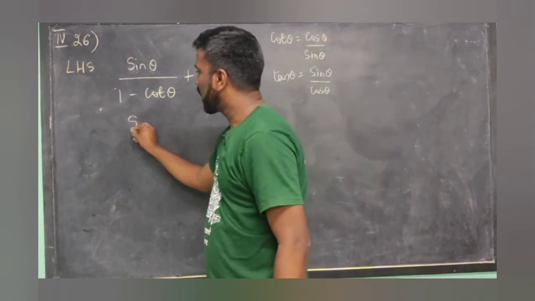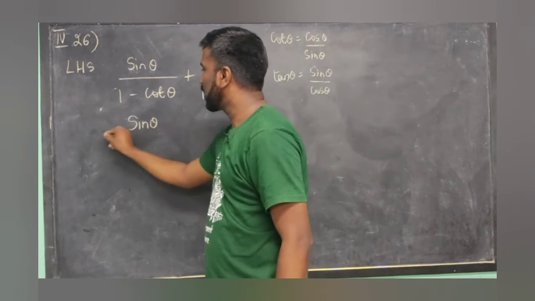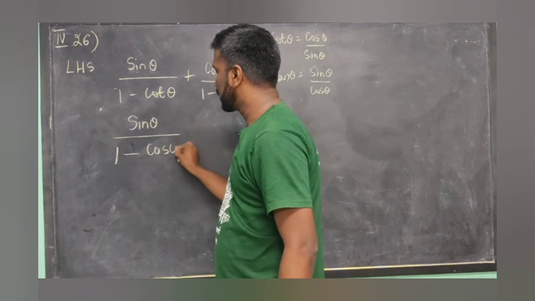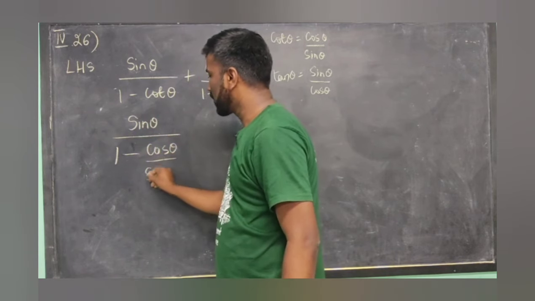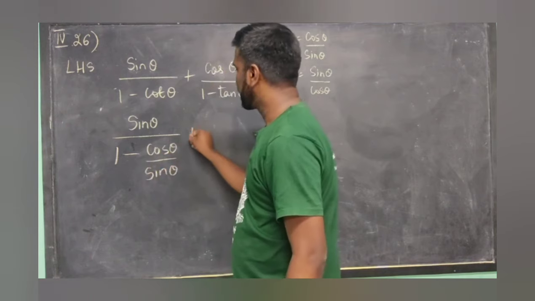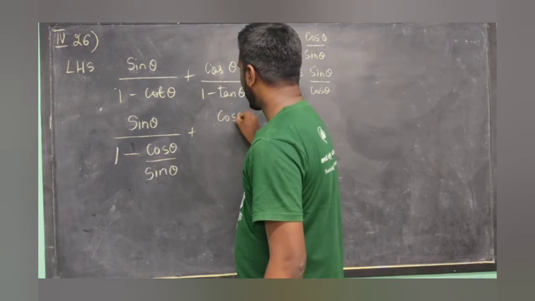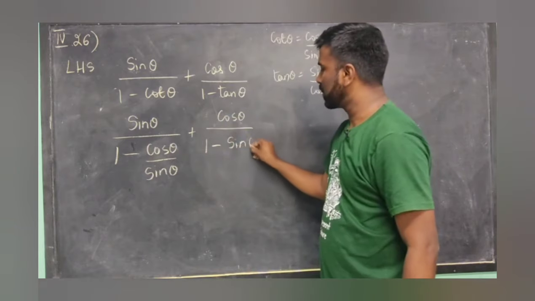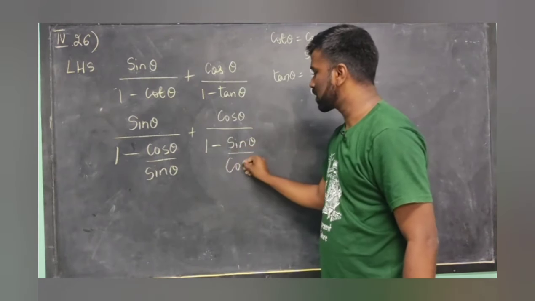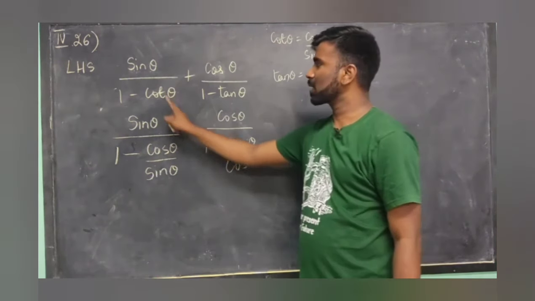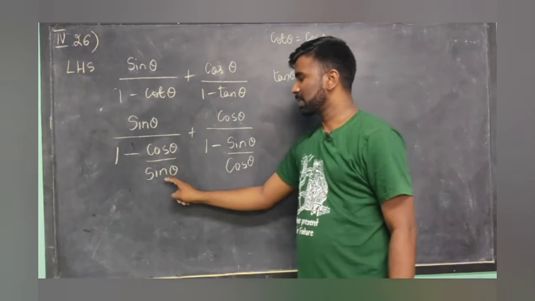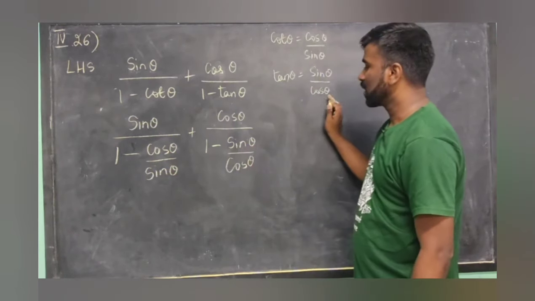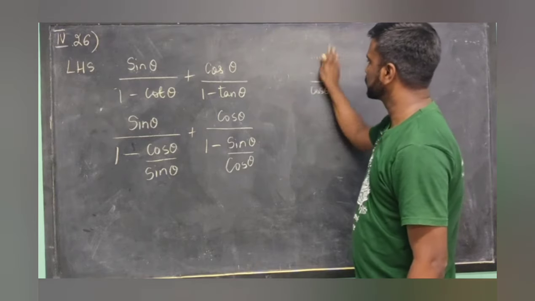Now sin theta divided by 1 minus cos theta divided by sin theta plus cos theta divided by 1 minus sin theta by cos theta. Replace cot theta by cos by sin theta, tan theta by sin theta divided by cos theta.